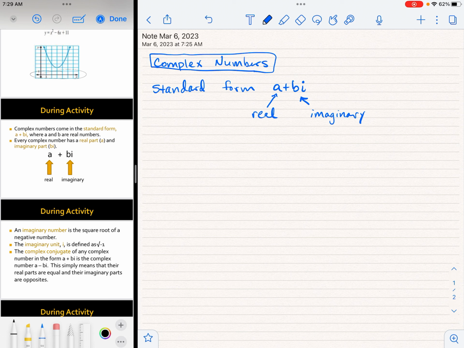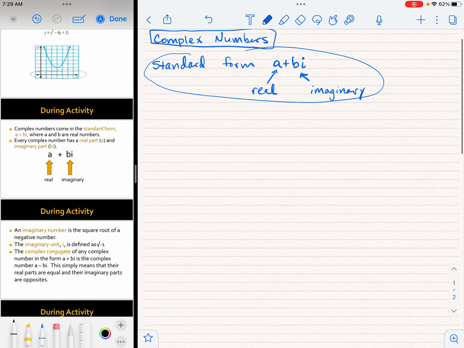All right, so big piece for us right here is this standard form, a plus bi. You have the real piece and the imaginary piece. So an imaginary number is the square root of a negative number.